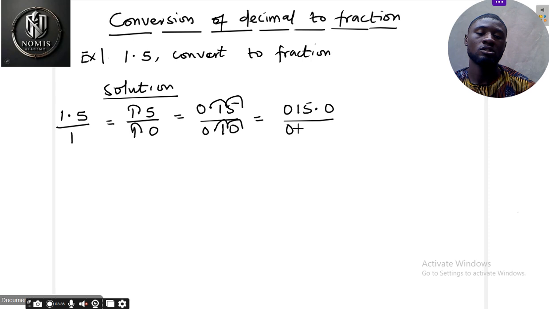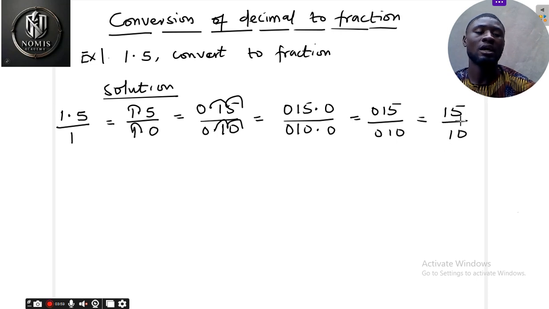This becomes 10. Remember, after the decimal point, if the next digit is 0, then you have this to be it. So this is 15.0 all over 10.0. 15.0 simply means 15, and 10.0 simply means 10. Now I have whole number, 15 divided by 10. So I have just converted that decimal number to fraction.